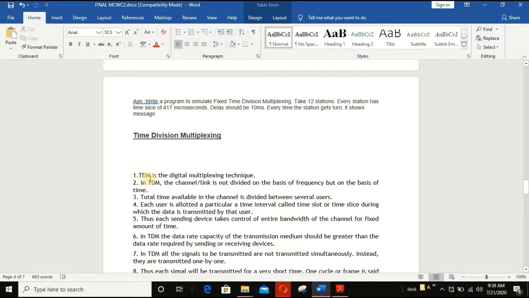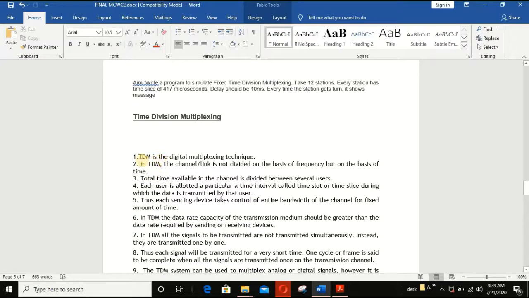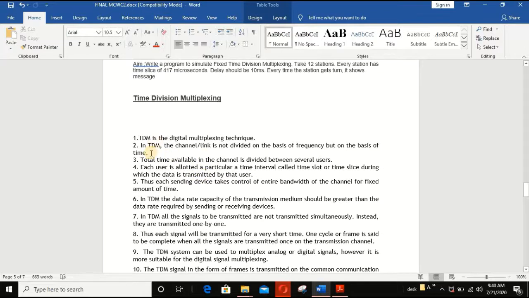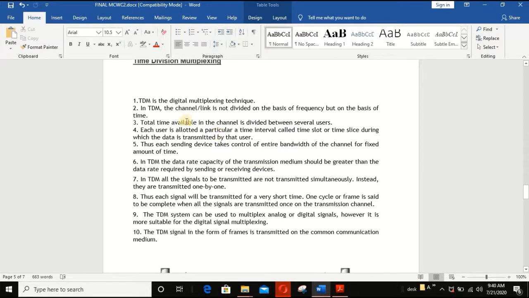Now the main concept or principle of time division multiplexing: TDM is a digital multiplexing technique. In TDM, the channel or link is not divided on the basis of frequency but on the basis of time. The total time available in the channel is divided between the several users.